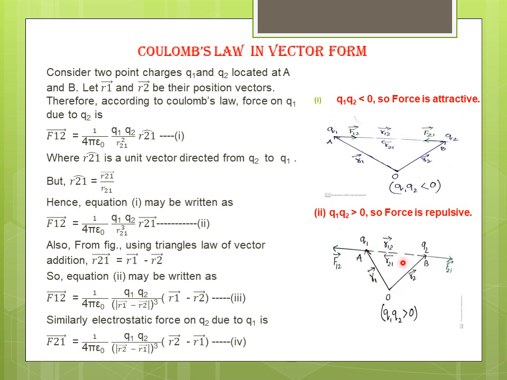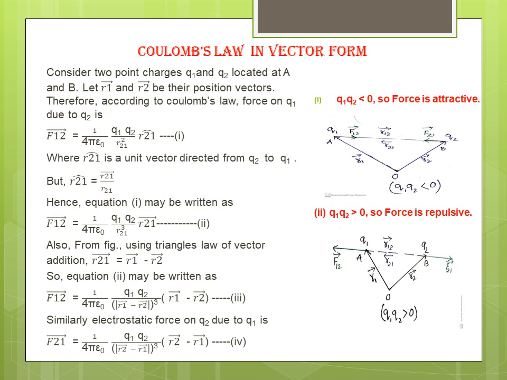So R21 is equal to R1 vector minus R2 vector. So the above equation can be written as 1 by 4 pi epsilon naught Q1 Q2 by modulus of R1 vector minus R2 vector whole cube into R1 vector minus R2 vector.